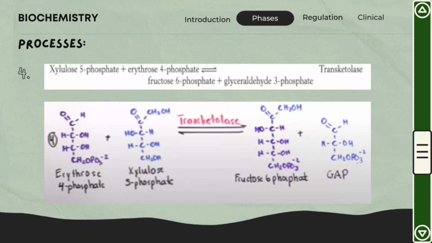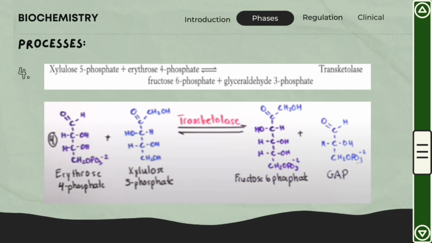So we use one in process number 2, and now we use the second one in this process number 4. Now, the enzyme that catalyzes process 4 is the same enzyme that we used in process number 2. So it's no surprise that this same enzyme uses the same substrate molecule, which is the xylulose.